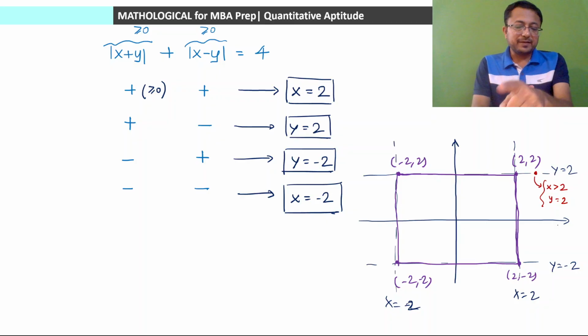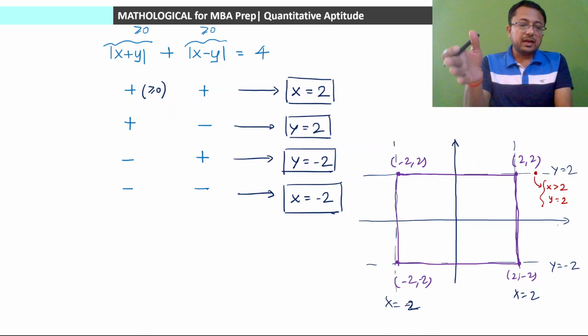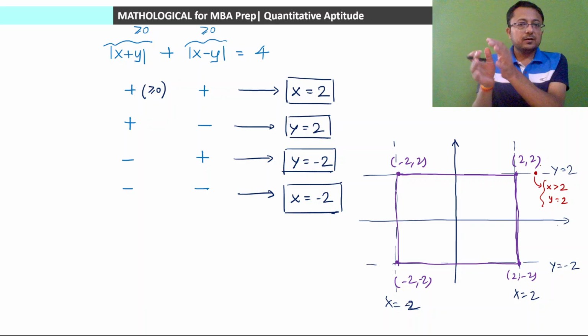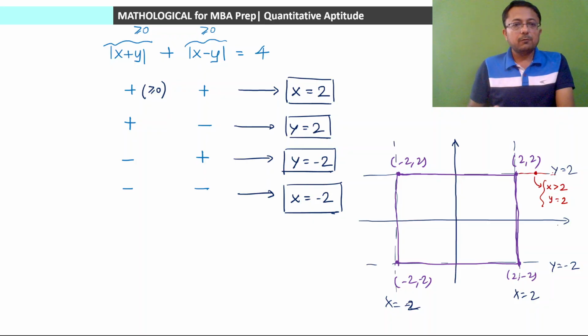Achha, mod of x plus y kya hoga in this case? Mod of x plus y will be greater than 4, or mod of x minus y is obviously greater than equal to 0. So the whole sum will be greater than 4. So any point outside 2, 2, okay, on this line will not be satisfying this condition, isn't it so? Same for this line.